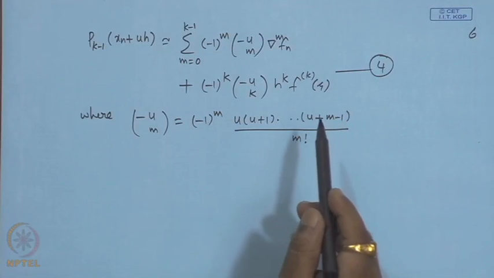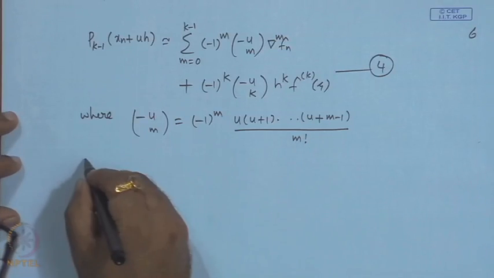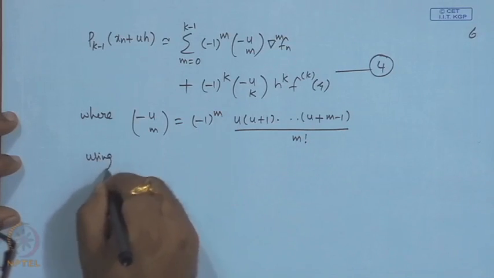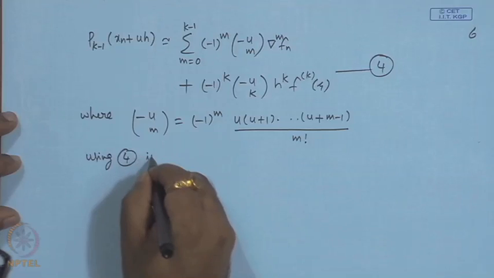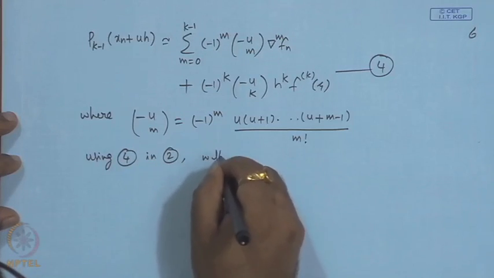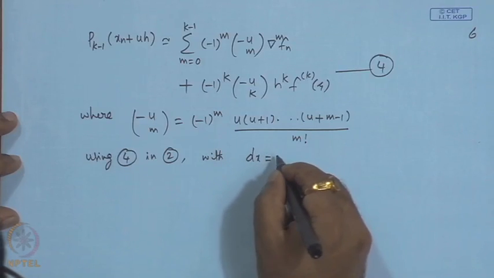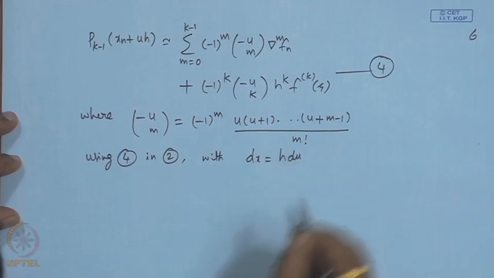So, now using 4 with this notation, dx will be h du.